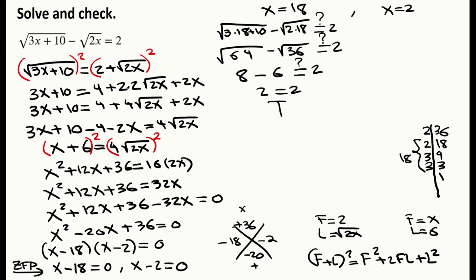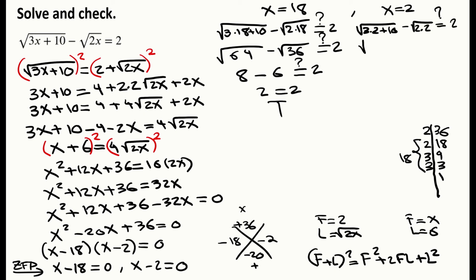Now we'll check 2, so we're going to plug in 2 into the original equation for x. So we get the square root of 3 times 2 plus 10 minus square root of 2 times 2, and of course the square root on the first radicand as well, and we're trying to see if that equals 2.